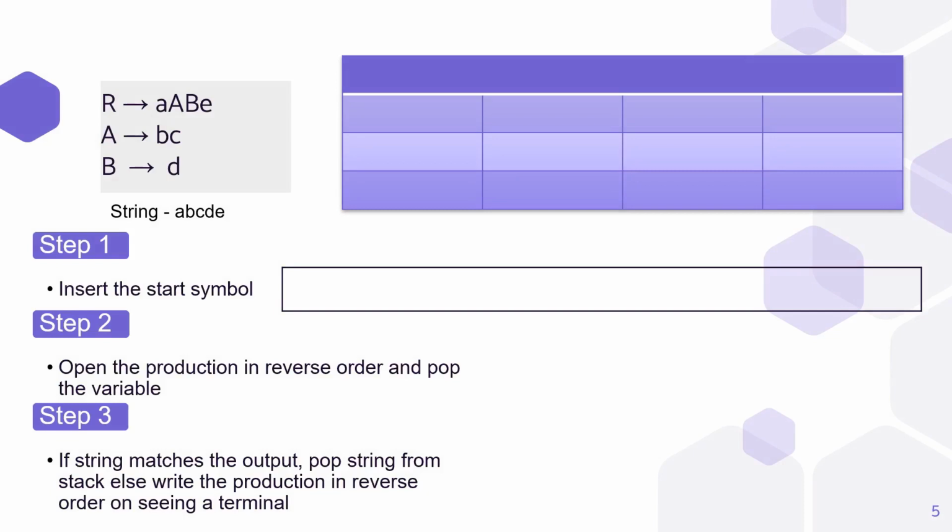Here we would quickly put the values of the terminals, e and c, and here we would be writing the names of the variables. So here will be the productions: A gives bc, and B gives d. Okay, so here we have successfully completed the parse table.